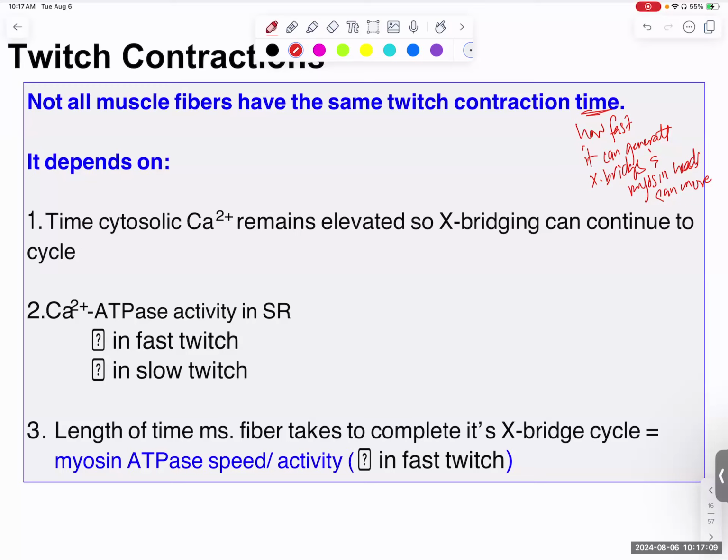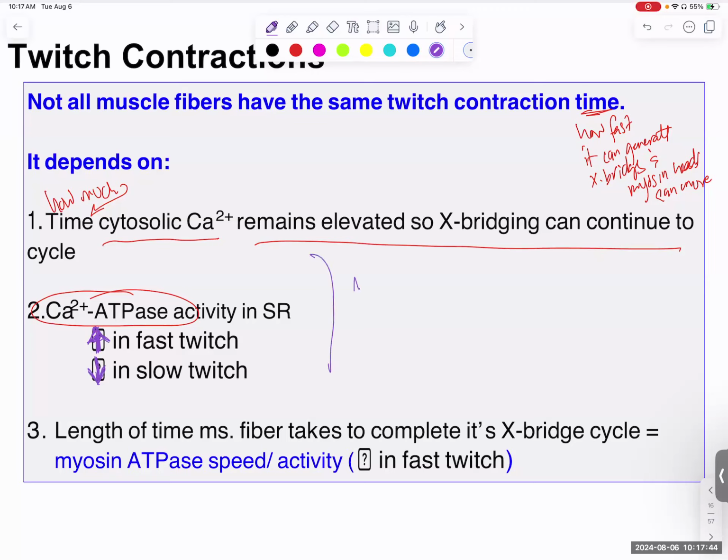And so the two different factors are, one, how much time does it take for the calcium to be released into the cytosol enough to create cross bridges? So how fast is that calcium ATPase? It's going to be very fast in fast twitch muscle fibers. It's not going to be fast in slow twitch muscle fibers.